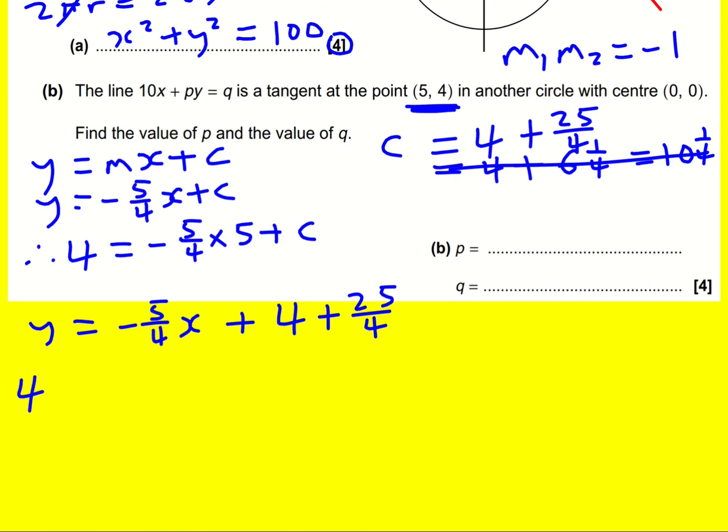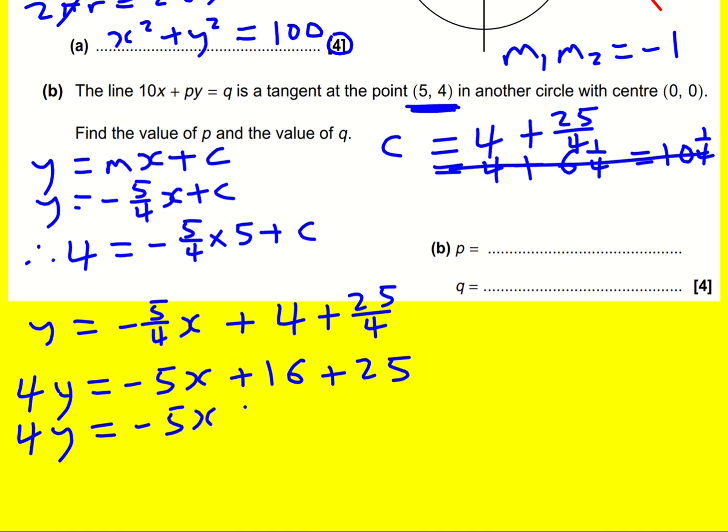So 4y equals minus 5x plus 16 plus 25. That way I've avoided dealing with this fraction in some sense. I do have to multiply every term by 4. Okay, this is much better. I'm liking this now. I'm going to write 4y equals minus 5x plus 41, just to simplify it.